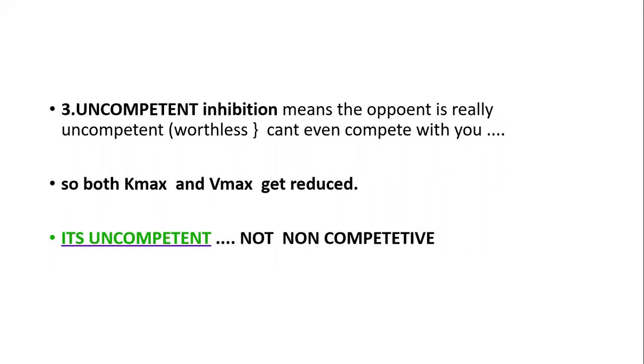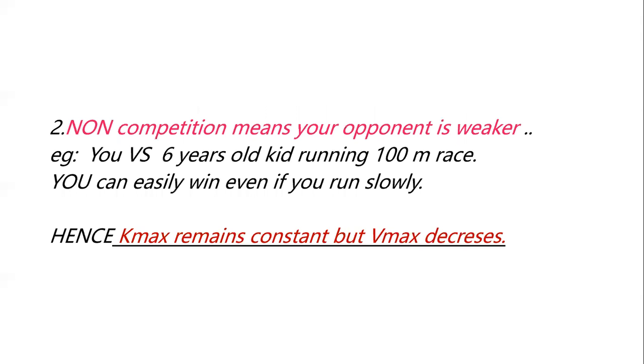uncompetitive inhibition, right? It means the opponent is really incompetent, the opponent is worthless, so the opponent can't even compete with you, so both Km and Vmax get reduced, right? Once again I'm saying uncompetitive, not non-competitive, because in non-competitive we know Km remains constant but Vmax decreases.